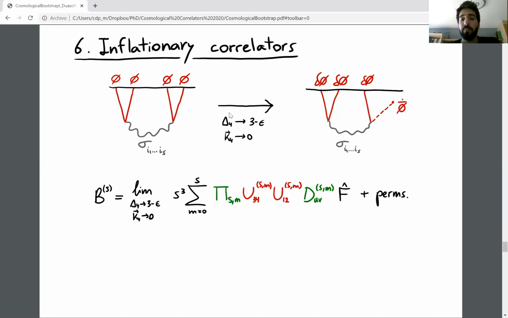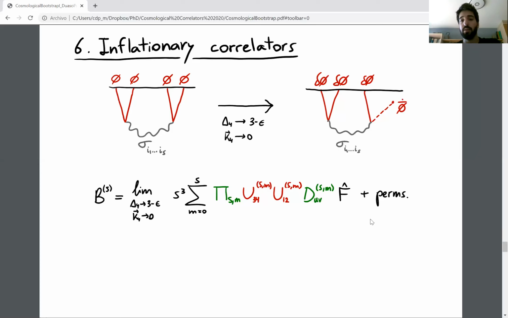We do that by deforming the conformal weight of the dual field by a small quantity epsilon. This epsilon is actually going to be the slow roll parameter. In this way, we obtain an inflationary, a slow roll 3-point function. So this is the limit we have to take.